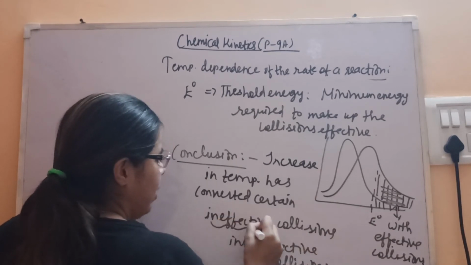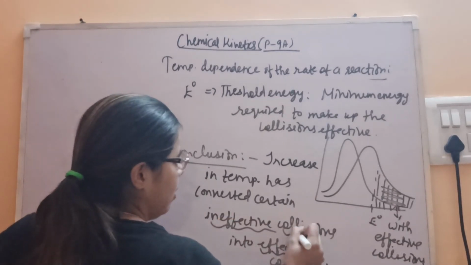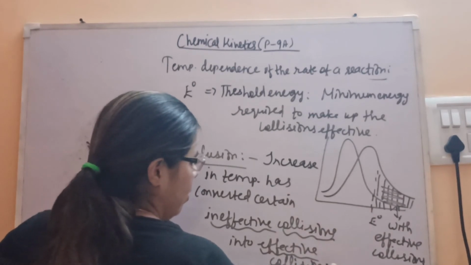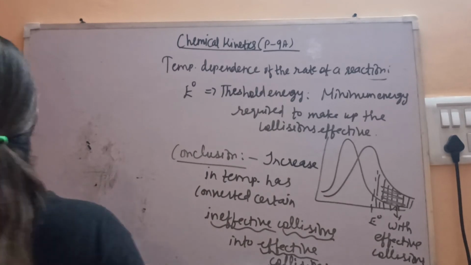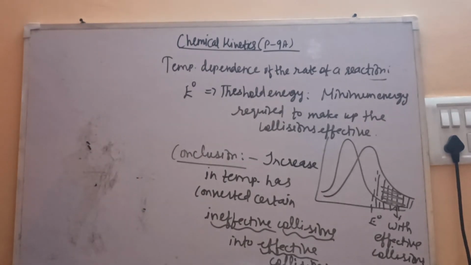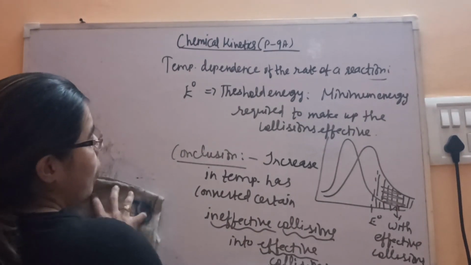So that's why the rate of reaction is increasing. Fine. So you can say that the rate of reaction increases not only due to increase in the collisions, it is due to increase in the effective collisions of the molecules.